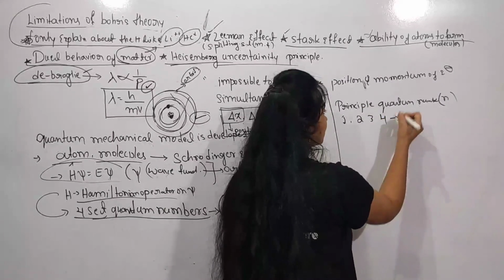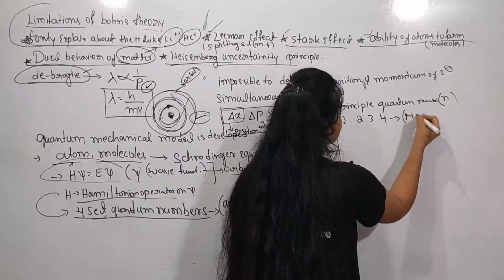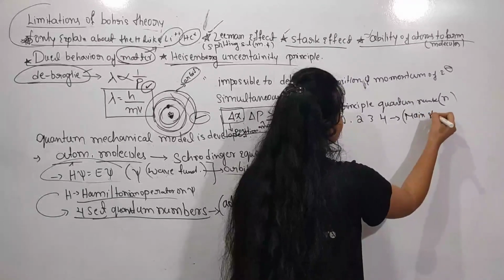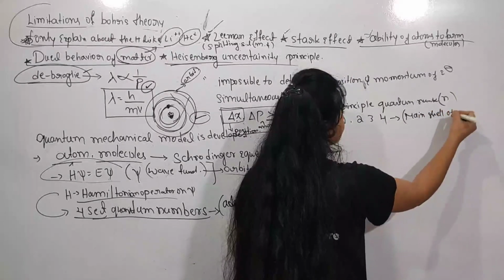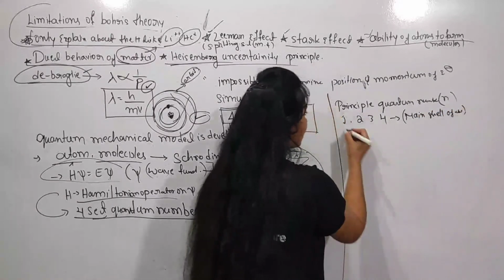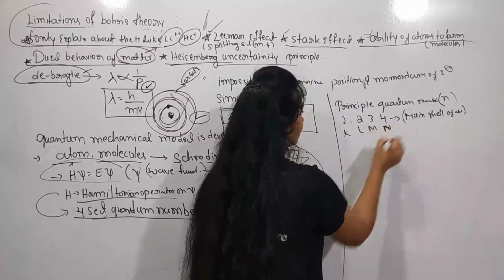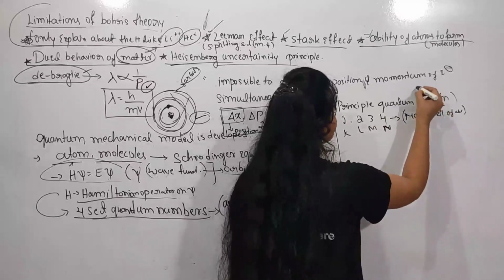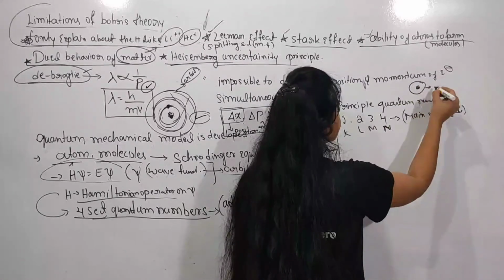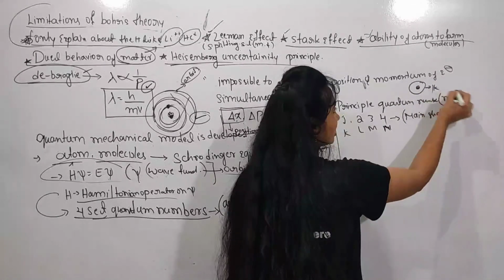This principal quantum number mainly talks about the main shells of the atom, named K, L, M, N. So this is the 1 shell, meaning K shell.